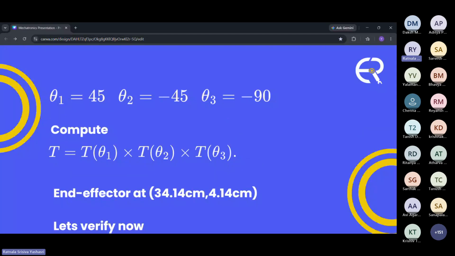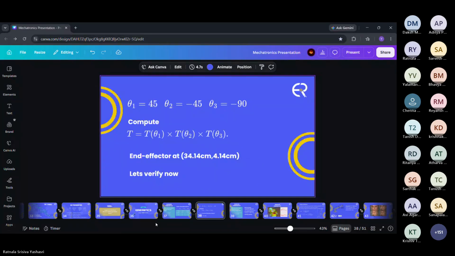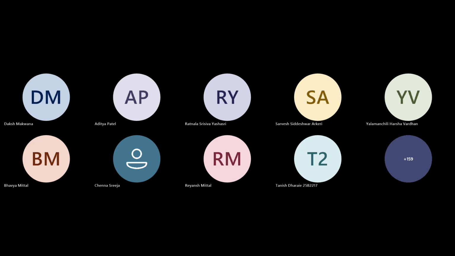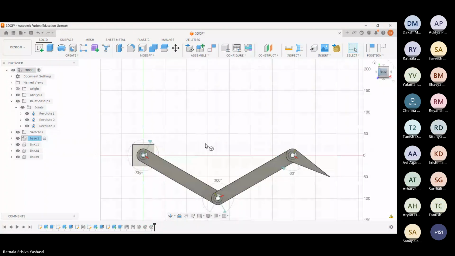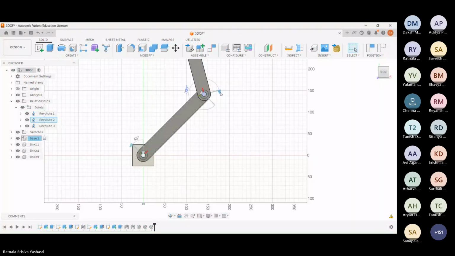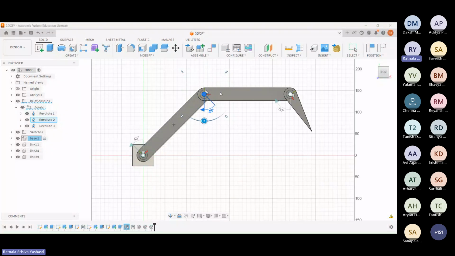So let's do that now. I just have to set these angles. It was 45, 45. On the slides, I've written it as minus 45 because these two axes are inverted.